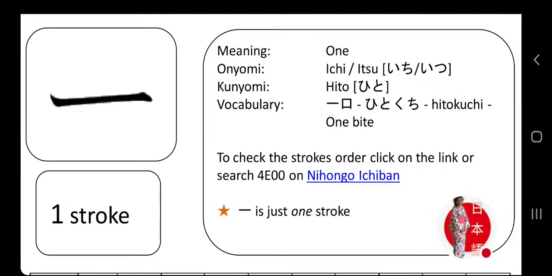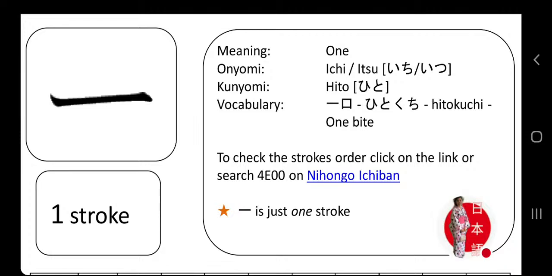Okay, so let's start. Kanji has different readings. You can see in here we have onyomi and kunyomi. These are the readings. Minasan, onyomi refers to the Chinese reading of a character, and kunyomi refers to the Japanese reading, since we are studying the Japanese language.